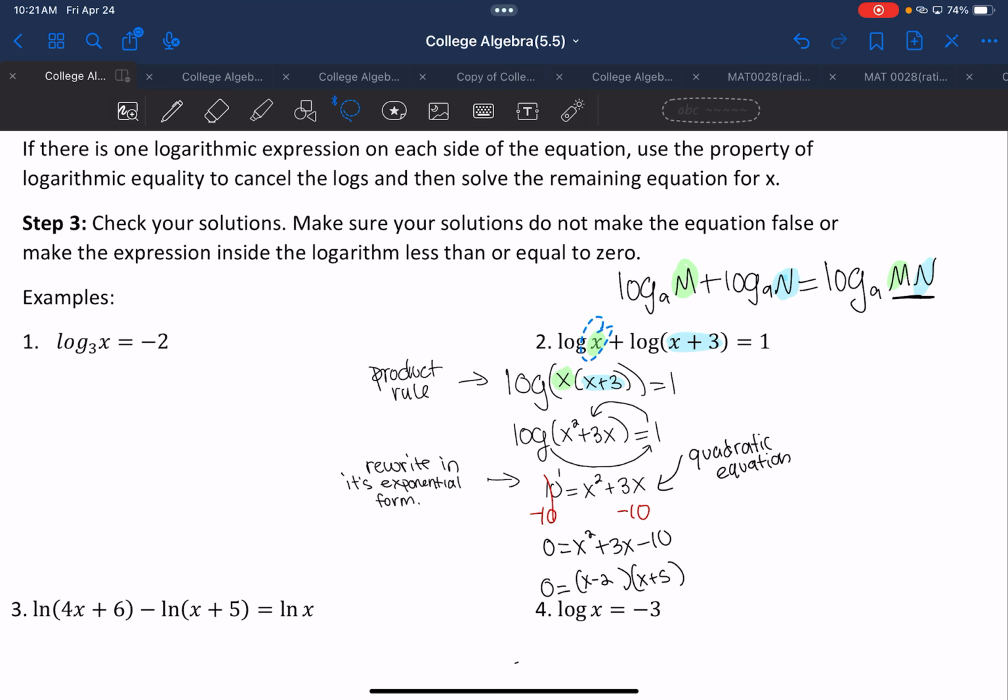So x minus 2 equals 0, or x plus 5 equals 0. And then solve these. So I would add 2, so x would be equal to 2, or x would be equal to negative 5.